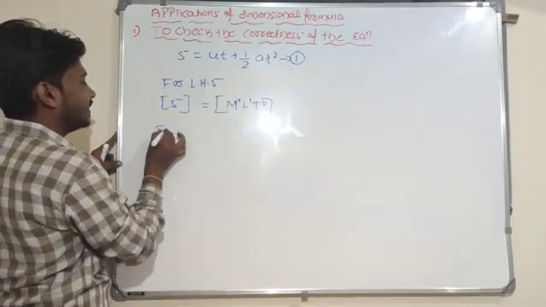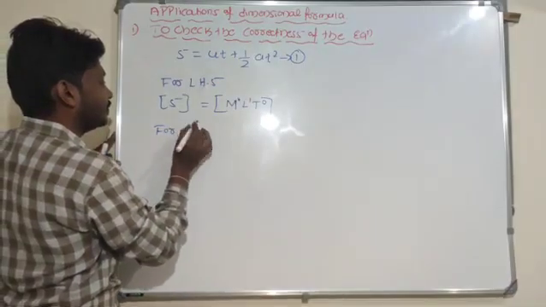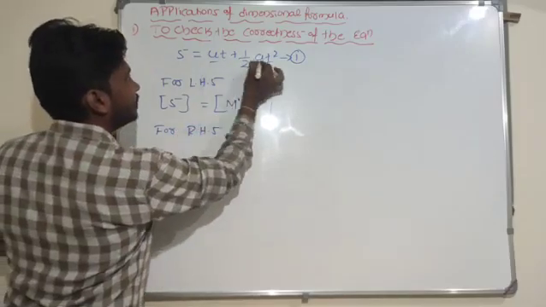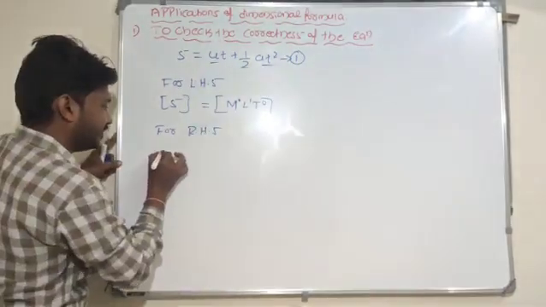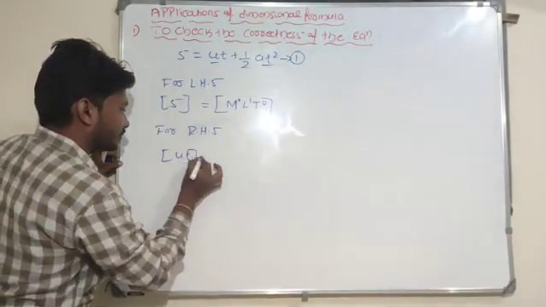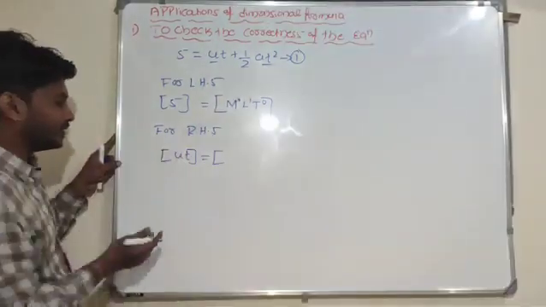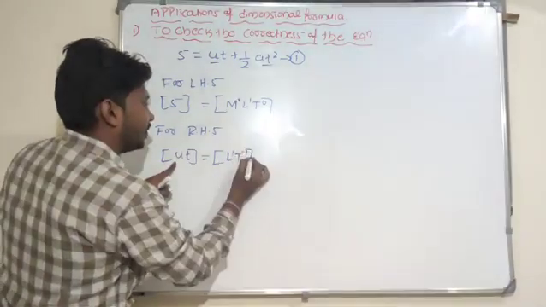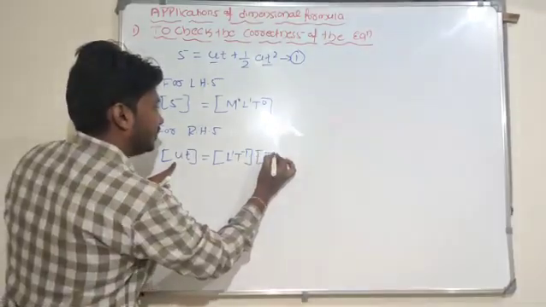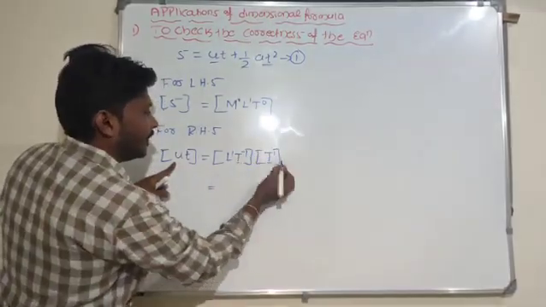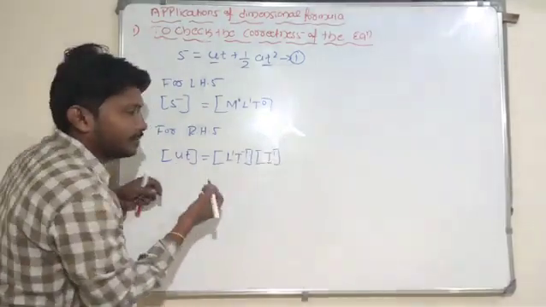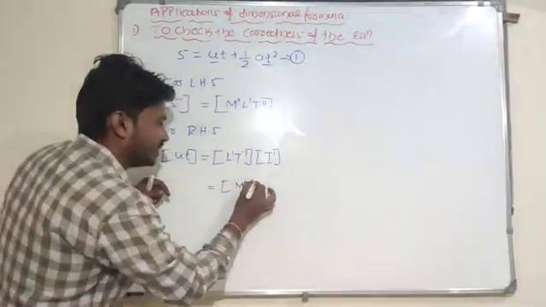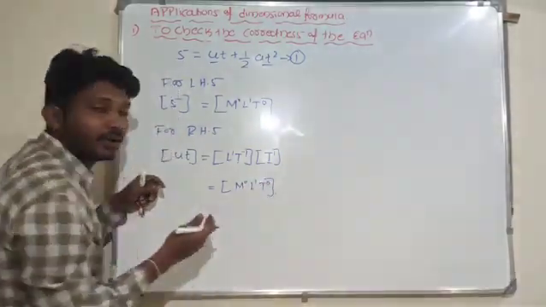Now for the right hand side, these are our right hand side terms. First I will take u into t, and write its dimensional formula. u means velocity, so L^1 T^-1. Here into time is there, so T to the power of 1. Bases are the same, powers are added: minus 1 plus 1 cancels. So L to the power of 1 only: mass term is 0, L to the power of 1, T to the power of 0.